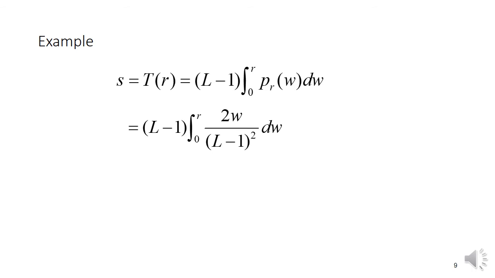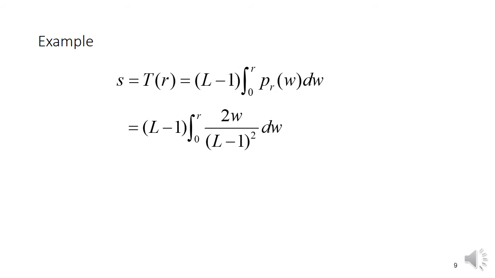Here the range of integration is 0 to R, and after applying the given set of rules in the previous slide, we get 2W divided by (L minus 1) square, which was actually 2R divided by (L minus 1) whole square.